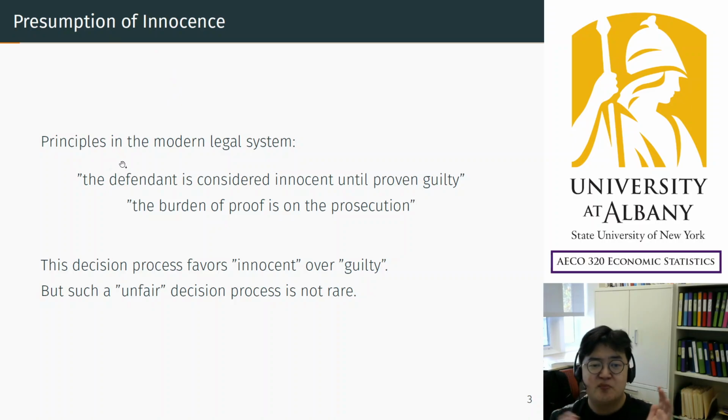This is one of the key principles in the modern legal system. The defendant is considered innocent until proven guilty, or the burden of proof is on the prosecution. So I am innocent until there is evidence that I'm not.